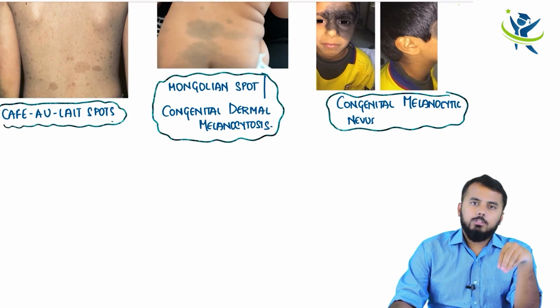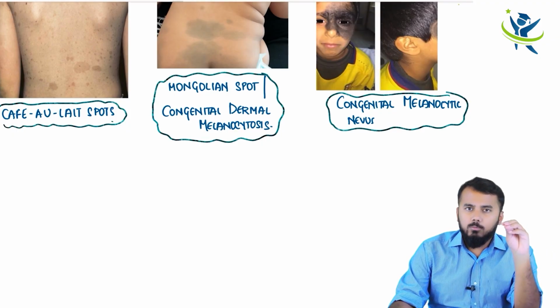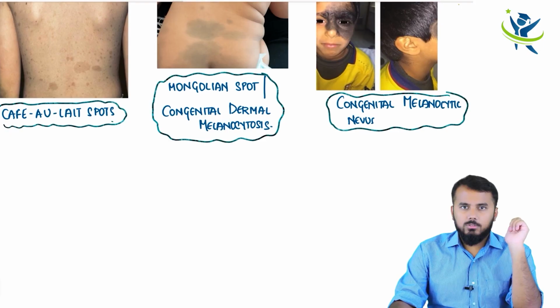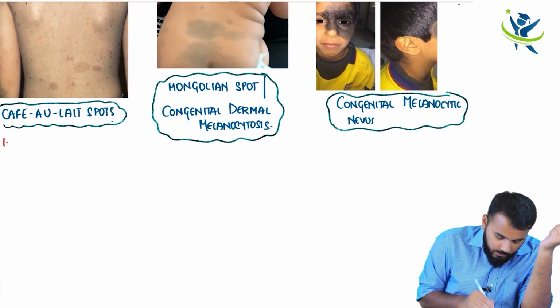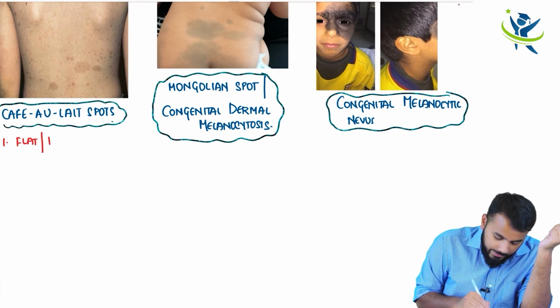And they are most commonly associated with a condition called neurofibromatosis. So the first important thing is they are flat, and not only flat, they are hyperpigmented.